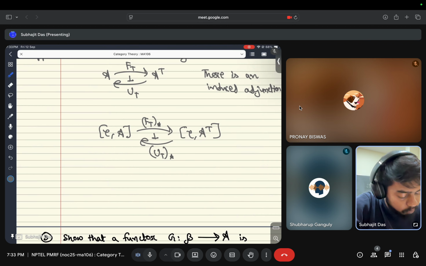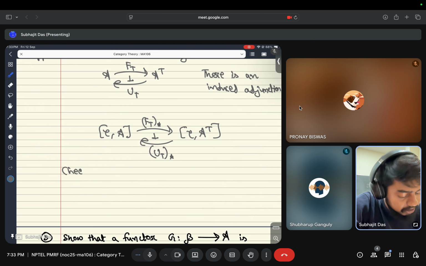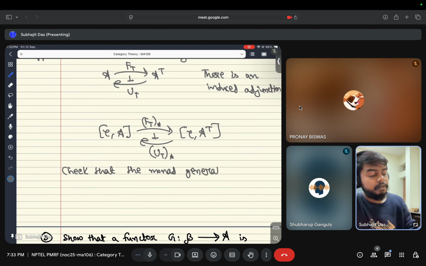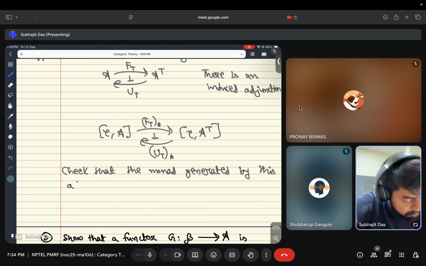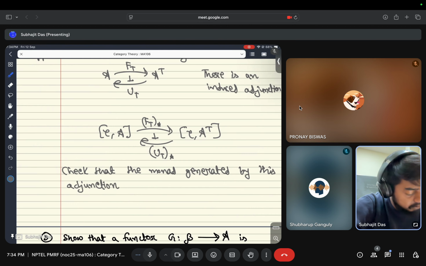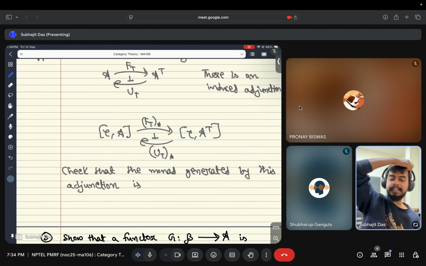Right. And what is the monad generated by this adjunction? Check that the monad generated by this adjunction should be T star, because at least for the functor part, what is the monad?